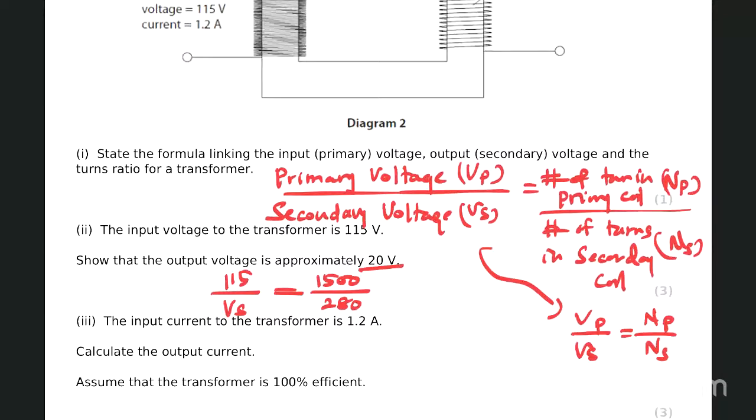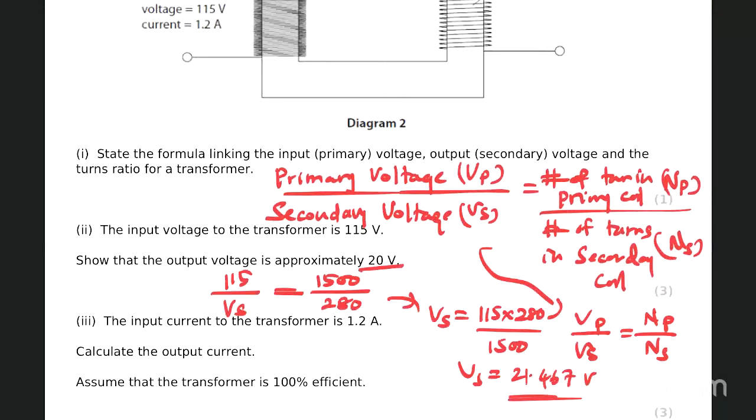Then you can subject the VS value. So VS value is going to be 115 into 280 divided by 1500. Yeah, the value is going to be something 21.467 volts, right?